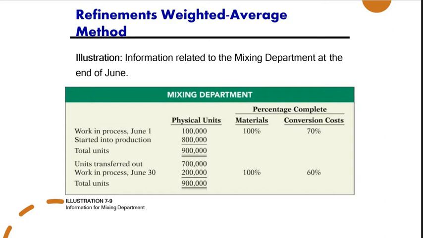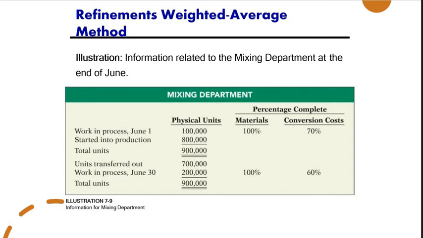The beginning working process is not part of the equivalent units of production formula. So, the units transferred out to the baking department are fully complete as to both materials and conversion costs.